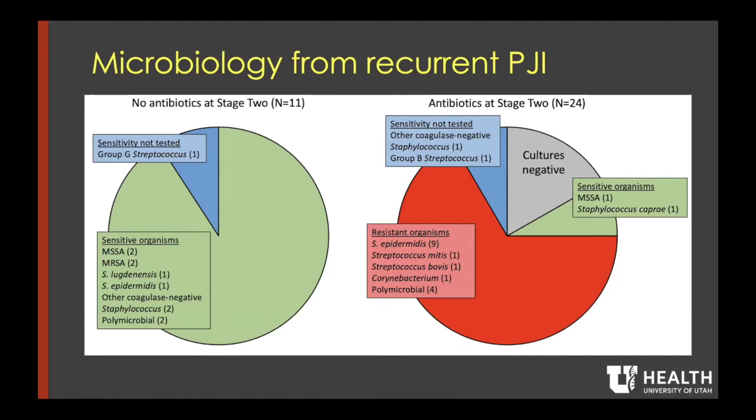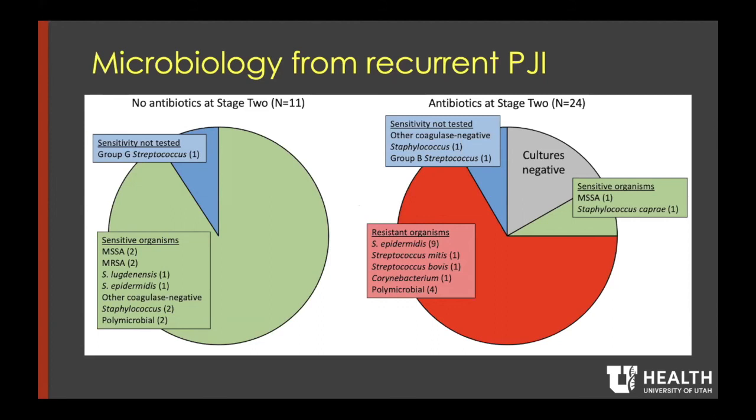Now, all of these organisms were different than their initial PJI, with the exception of 1 patient in each group. And this aligns well with the data from the multi-center randomized control trial that showed that the majority of the PJI was with a different organism. One more thing to point out here is we had 9 cases of resistant staph epi.